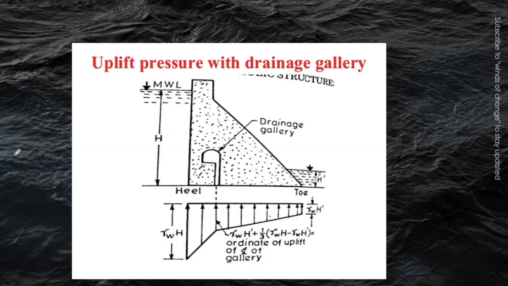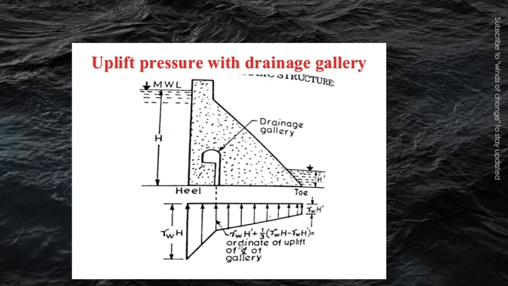How is it so? Let's find it out. This is a drainage gallery which is provided in a dam. If there is a condition that it is full with water, or there is water of height h, and in the downstream the water is at height of h dash. So uplift pressure at the downstream end will be gamma w h dash, and at the upstream end it will be gamma w into h. Now at the drainage gallery we have to determine the uplift pressure. It is given by gamma w h dash, that is uplift pressure at the downstream end, plus 1/3 of gamma w h minus gamma w h dash, that is the difference of the uplift pressure at upstream end and downstream end.